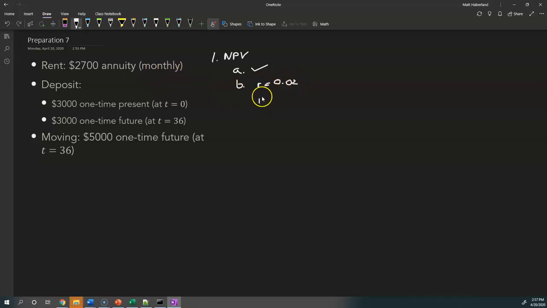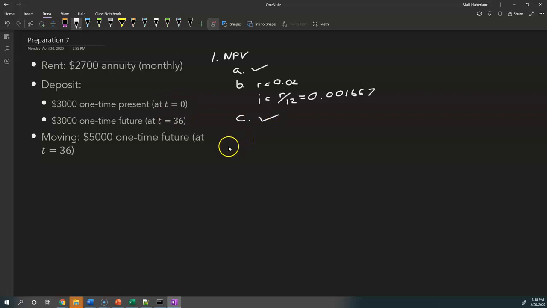In this case, the effective monthly rate is R divided by 12, which is equal to 0.001667. We also need to determine the number of years, which depends on the cash flow itself. We're going to have various, I think we've figured that out.